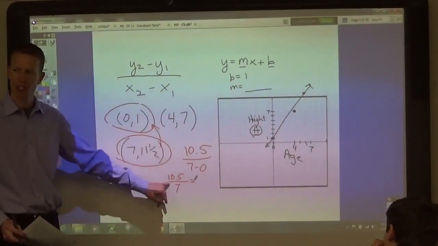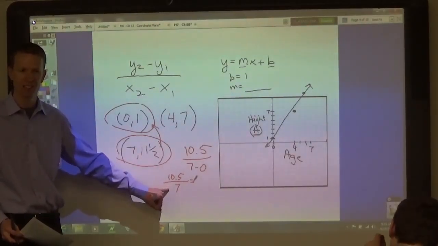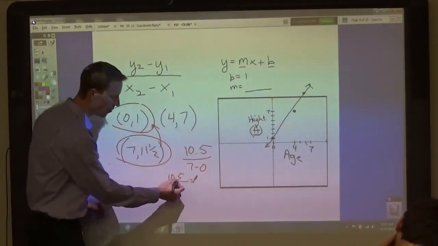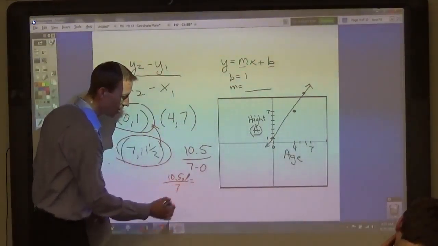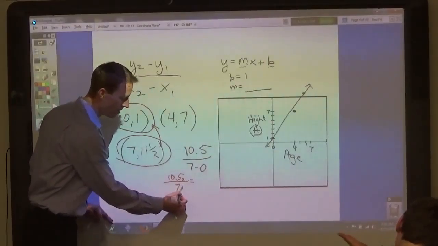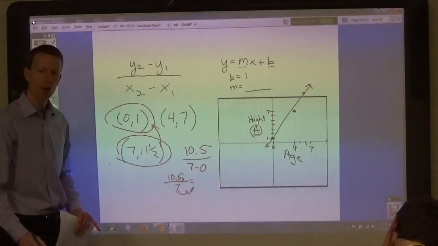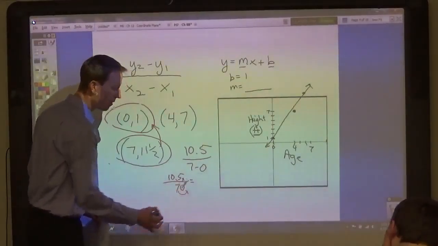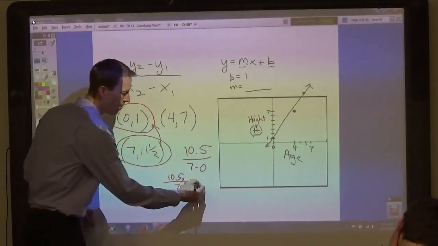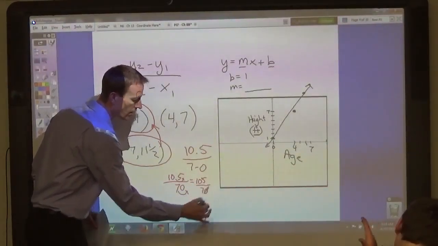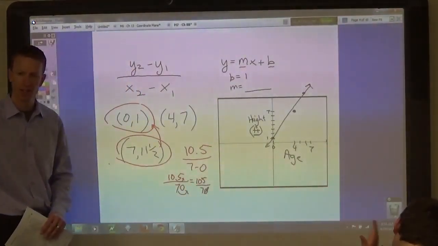Do you remember how to change a decimal? I'll give you a hint. You have to get rid of the decimal. So this is the same as 105 over 70. Yep. 105 over 70 is an equal fraction.